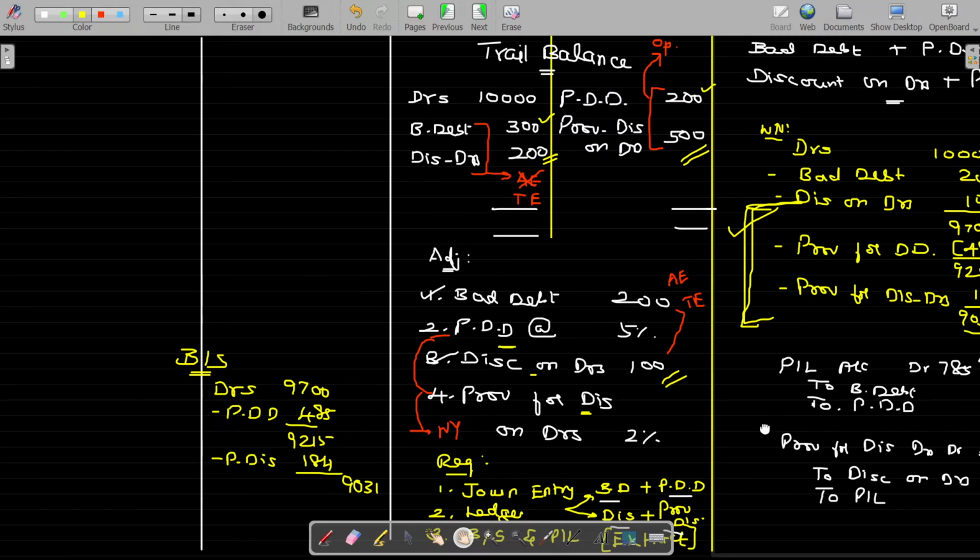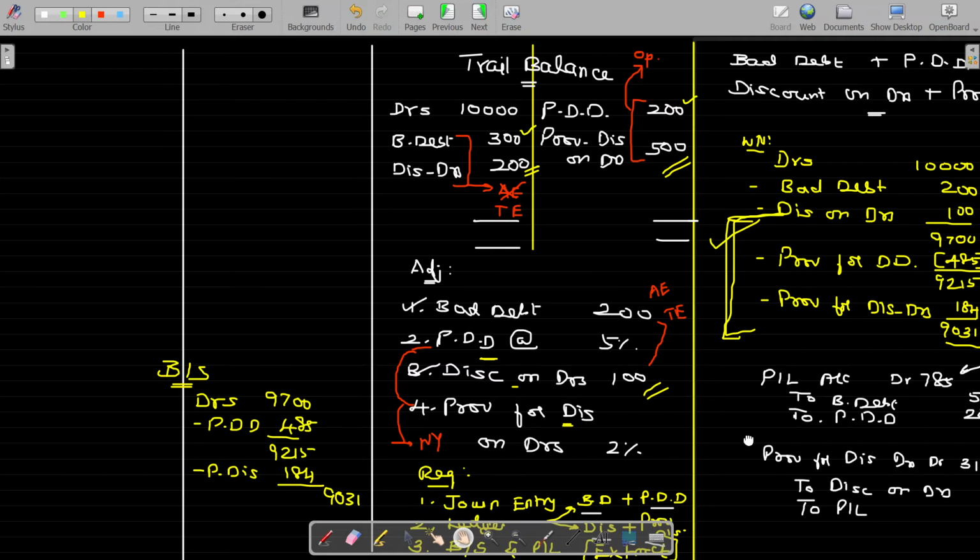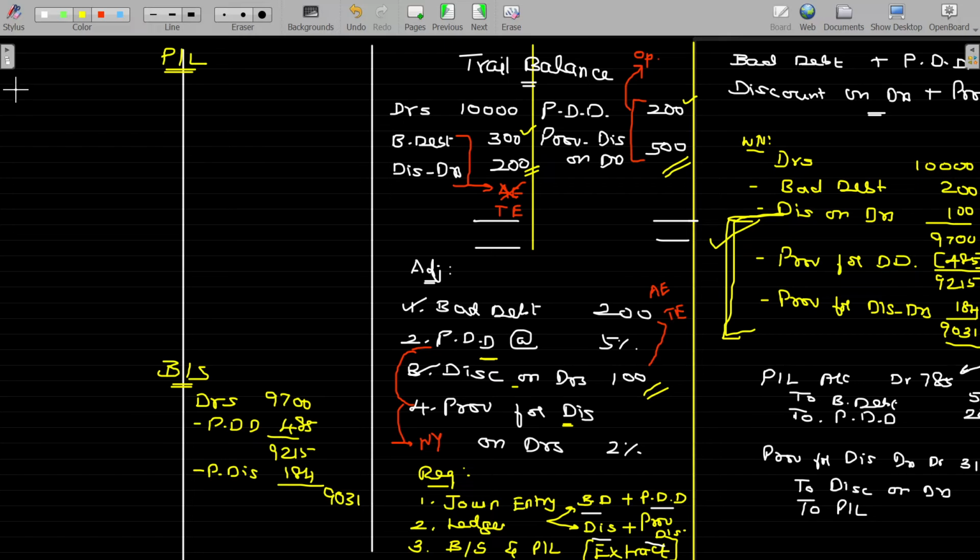Now the next question is how this will appear in the P&L account, sir. While posting in the P&L account, this is the process you have to follow. Bad debt given in the trial balance to be adjusted now. Bad debt given in the adjustment should also be created now by charging to the P&L account.